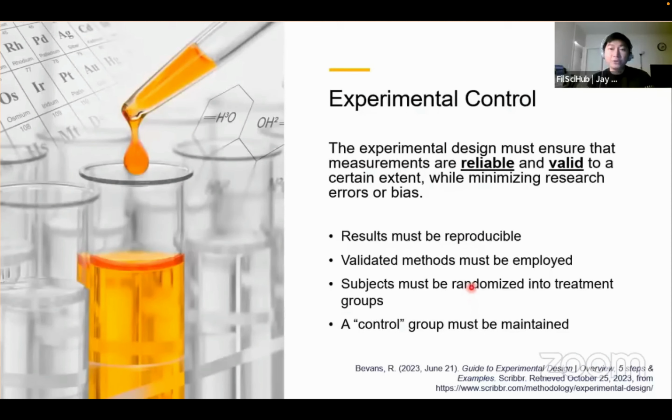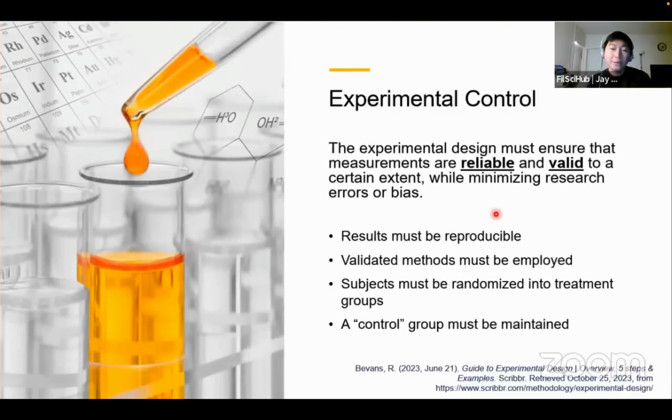And another aspect of experimental control is that subjects must be randomized into treatment groups. Kasi nga po, we are trying to minimize the errors or the bias in our experiments. So dito na po pumapasok yung bias ng experimenter or bias ng methodology itself. When you're trying to do calibration from the lowest concentration to the highest concentration, in that manner, you already introduce a bias on the actual measurement.